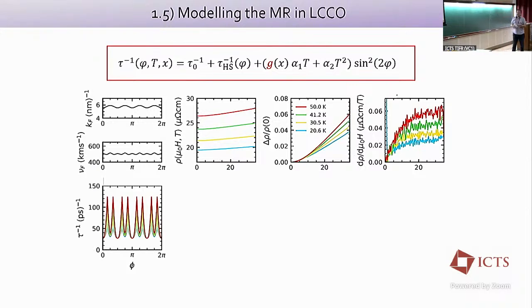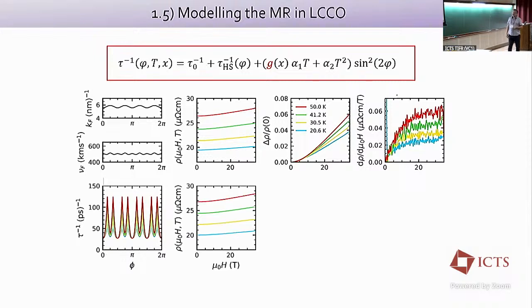Okay, so here is our parameterization for the spin fluctuation scattering rate with these strong peaks. And then putting this into the system and just allowing temperature to be governed by these coefficients, we can get the evolution of the magnetoresistance.